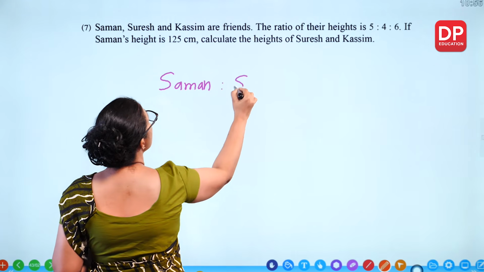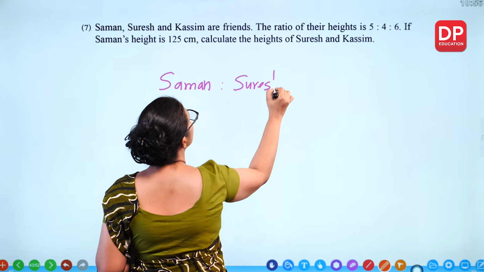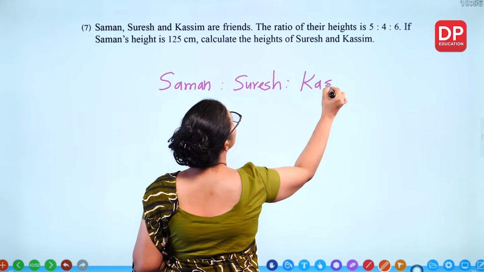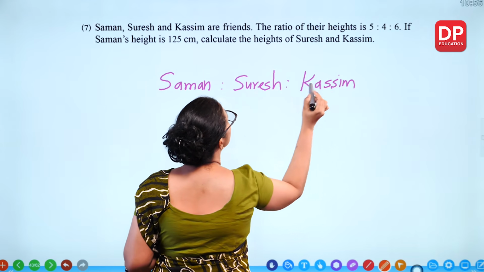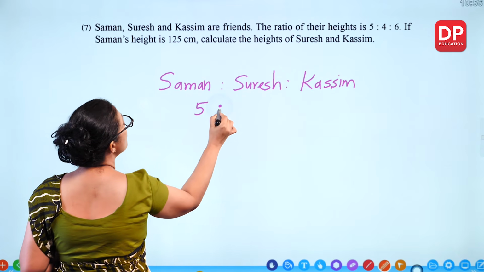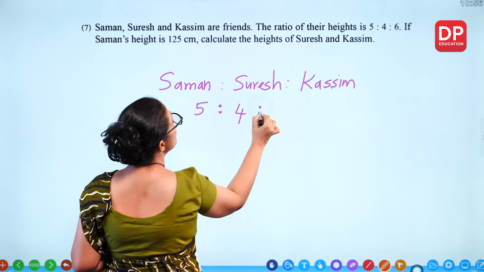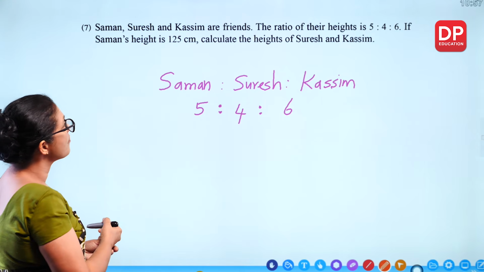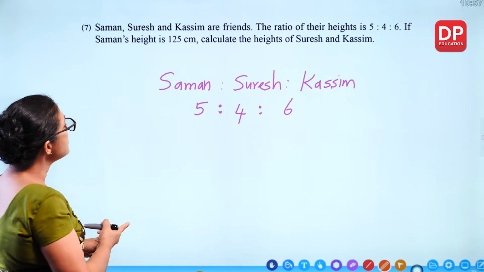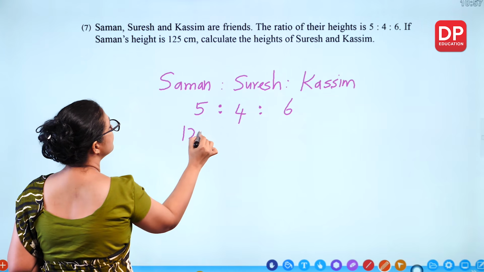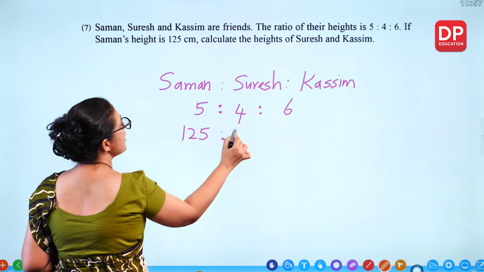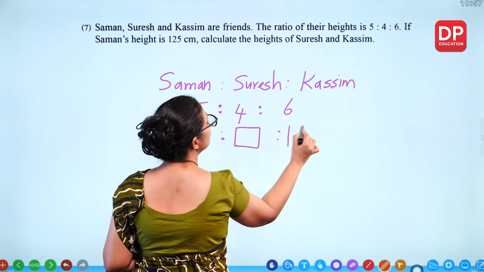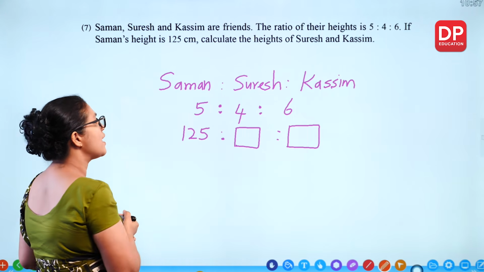Saman, Suresh and Kasim. 5 to 4 to 6. Saman's height is 125. You are asked to find out Kasim's height and Suresh's height.